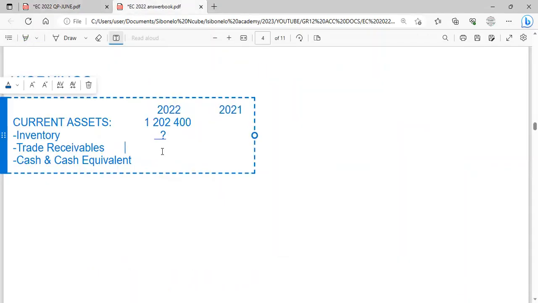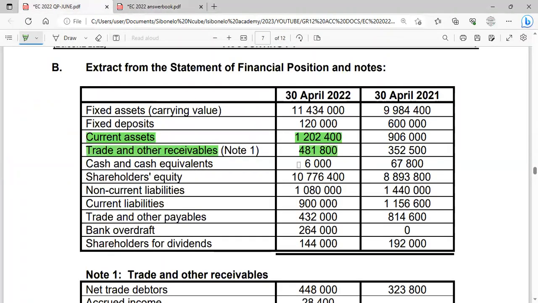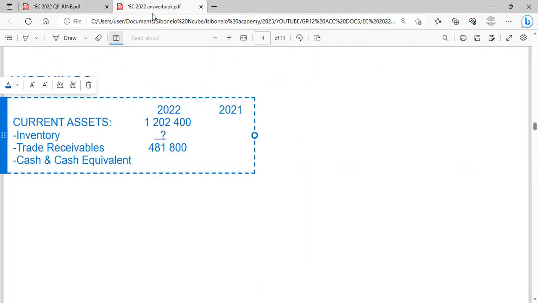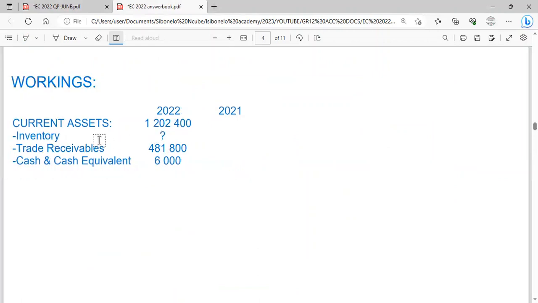Then cash and cash equivalent is 6,000. So guys, now we can solve for the unknown. The unknown here is the inventory balance.